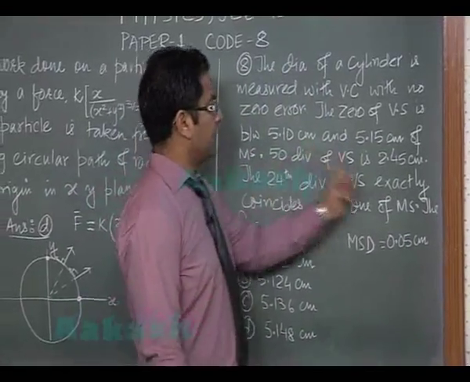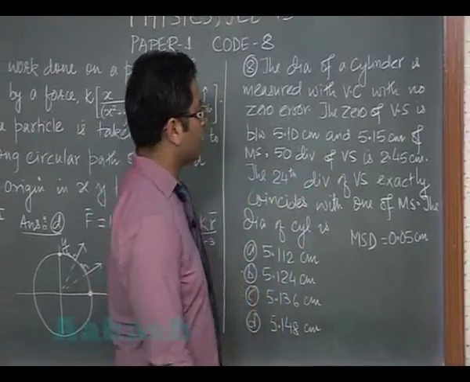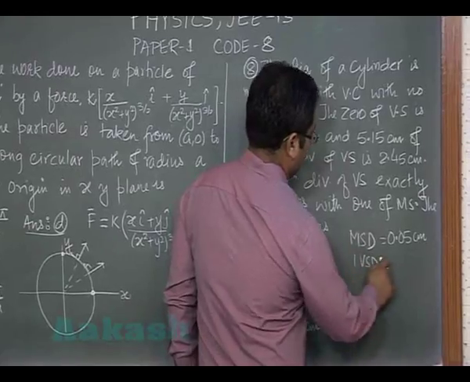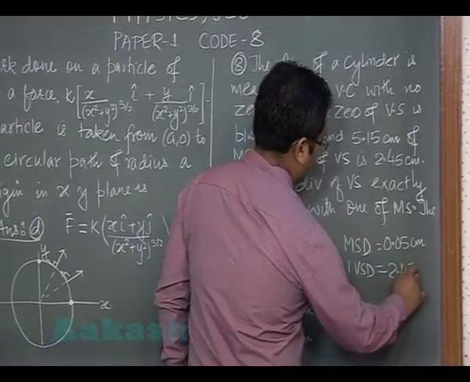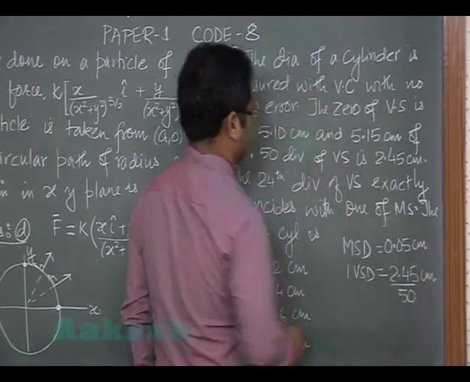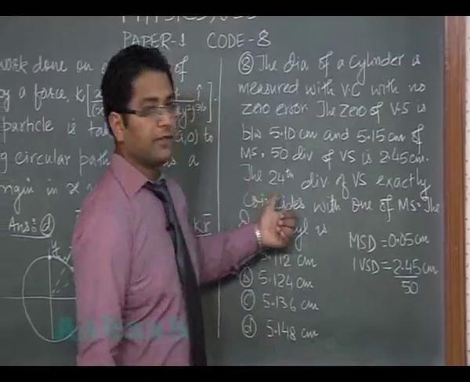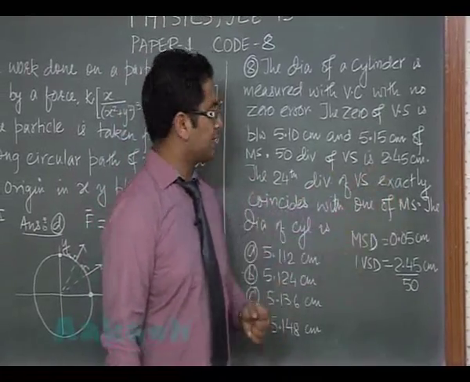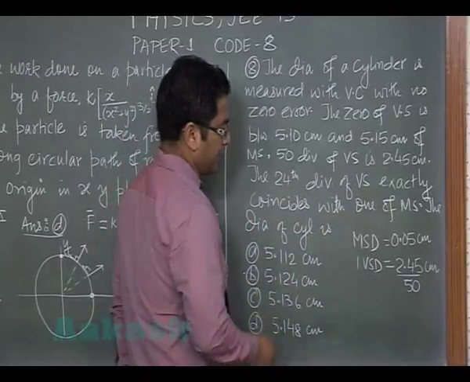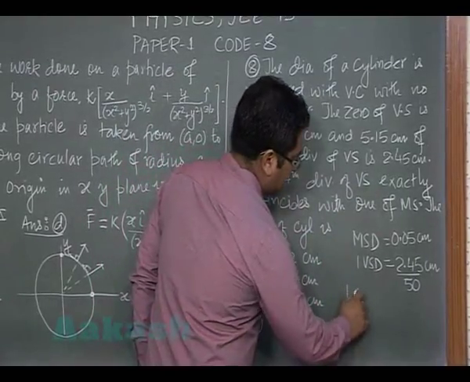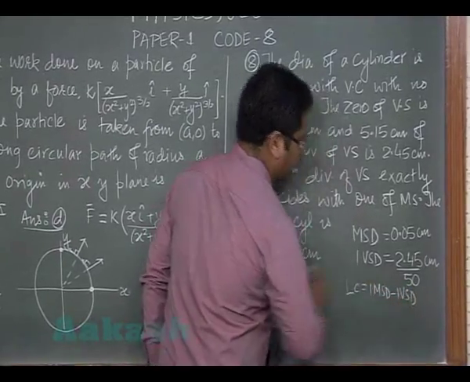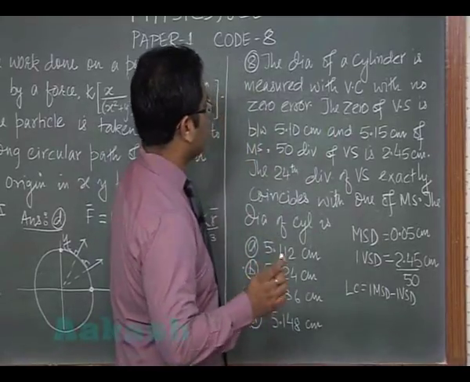And it says 50 divisions of vernier scale is 2.45 centimeter. That means 1 VSD is going to be 2.45 divided by 50 centimeter. Now the 24th division of vernier scale exactly coincides with one of the main scale. Let's see the reading. After this, the least count is quite obviously 1 MSD minus 1 VSD, and then the reading.